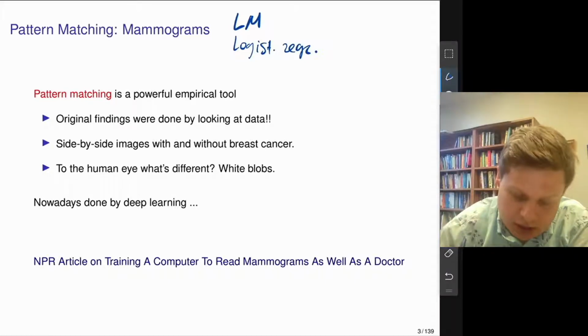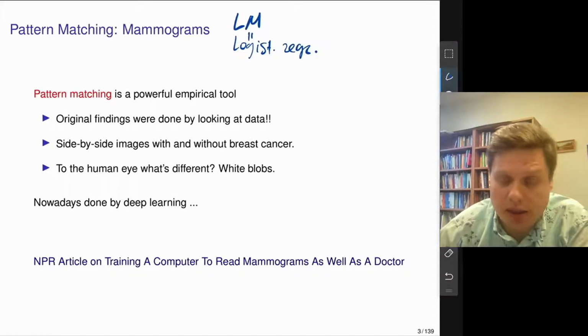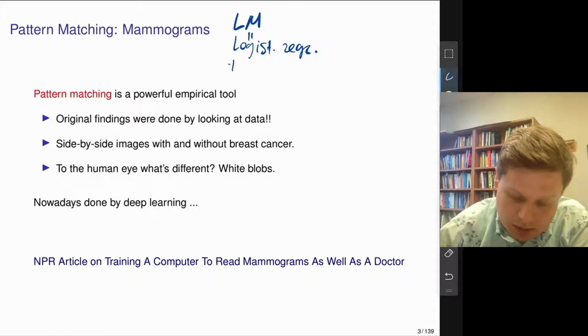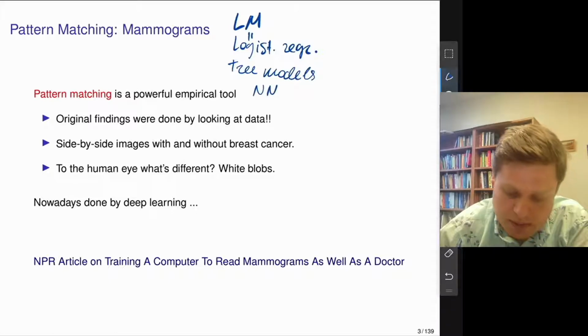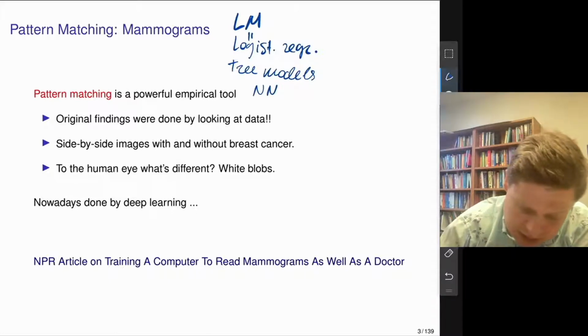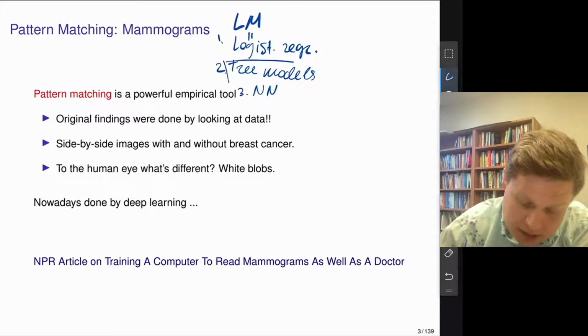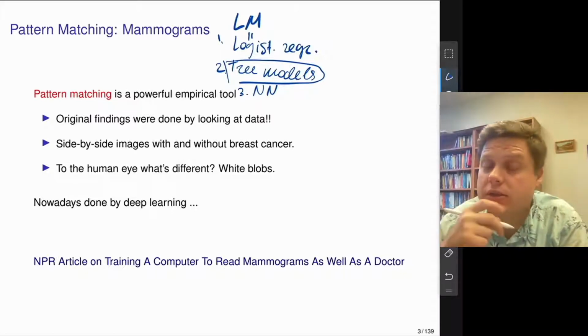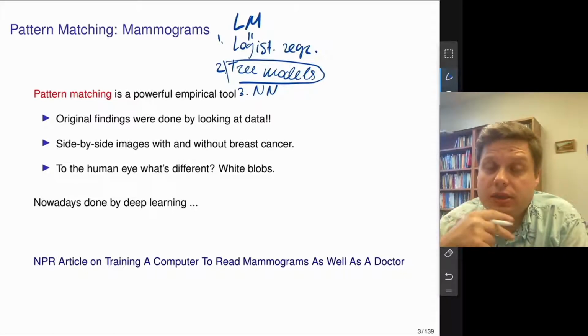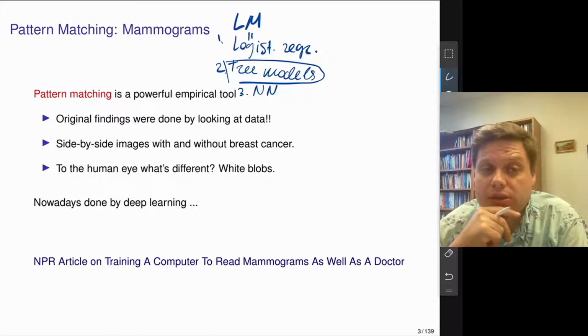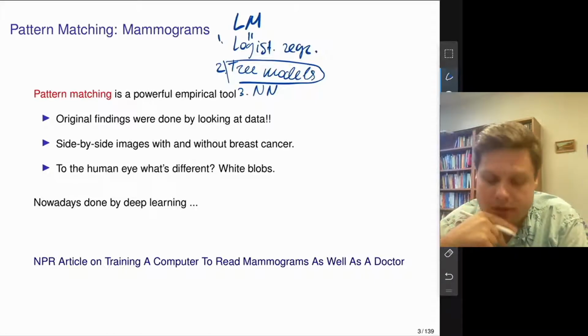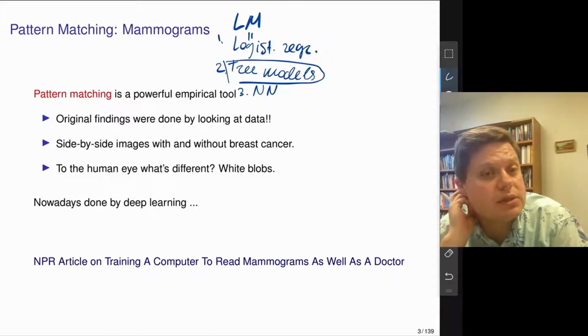So essentially, this is pretty much the same. And the next type of model, we talked about tree models and the nearest neighbor models. So essentially, three types of models we talked about, and tree models was the most powerful predictive model so far. And you will see that deep learning outperformed tree models in many of the tasks, including those three important tasks which we mentioned in the previous slide.